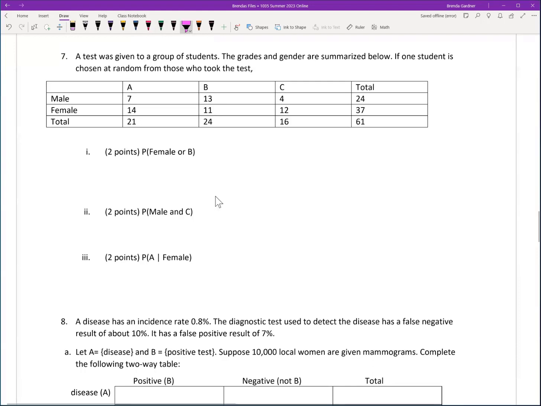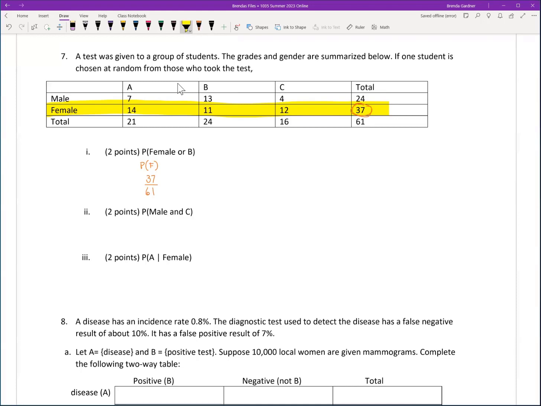So the probability that they're female is 37 females out of a group of 61.